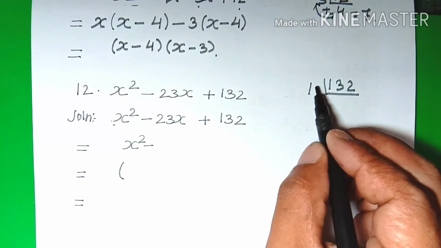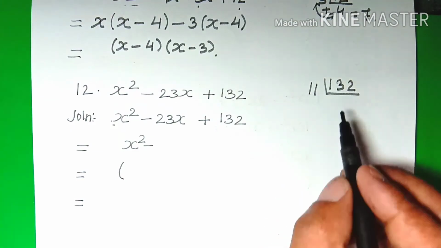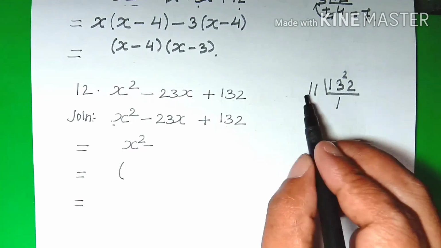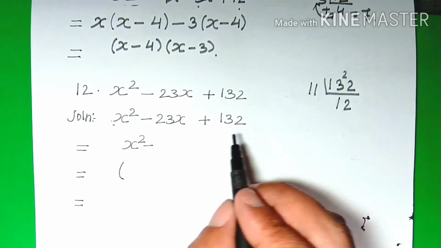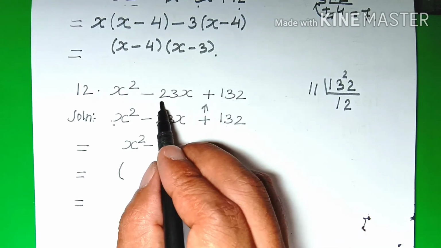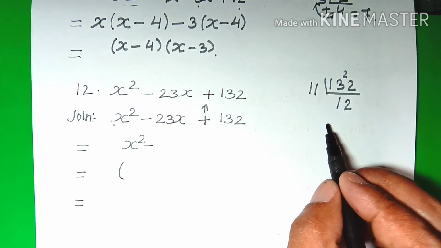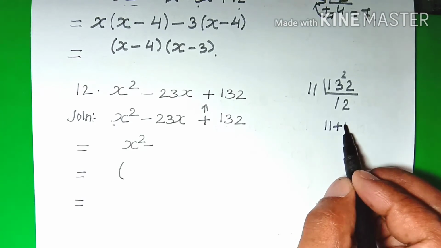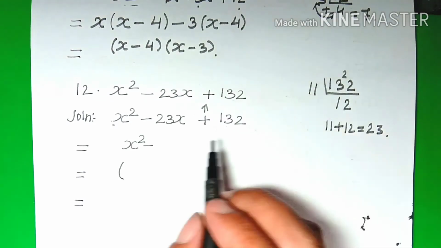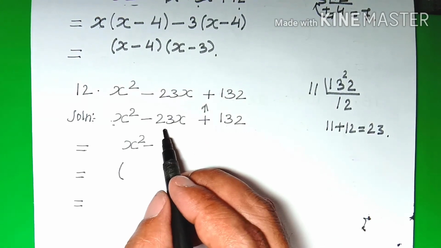So I'll take the help of the 11 table. 11 into 1, 11. So 2 in hand, 11 into, yes, 2. Now with the help of the plus sign, you'll have to check whether the sum equals 23 or not. 11 plus 12 equals 23, which means I've got the sum which equals 23.